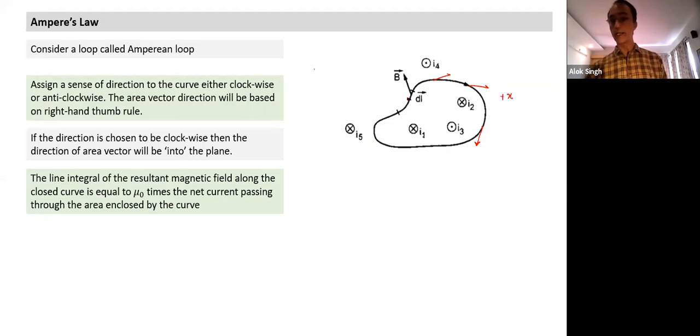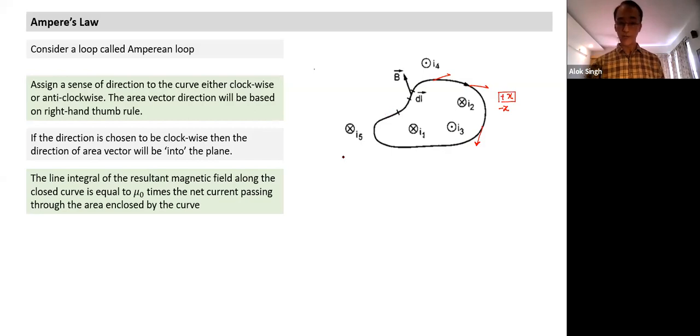So if in anti-clockwise I get plus x, in clockwise direction it will come as minus x. So the line integral value depends on the direction in which we traverse the loop, similar to displacement. It may be positive or negative depending on which direction we choose.